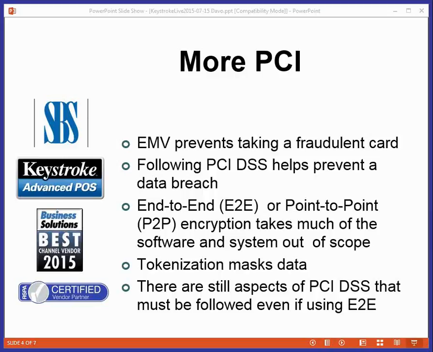They talk about the liability shift in October, where liability for a transaction done with a fraudulent card is transferred from the card brand, Visa, MasterCard, Discover, to the acquiring bank, which trickles down basically to the merchant. So the merchant is responsible for that.